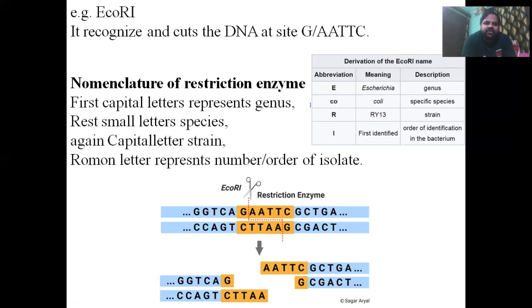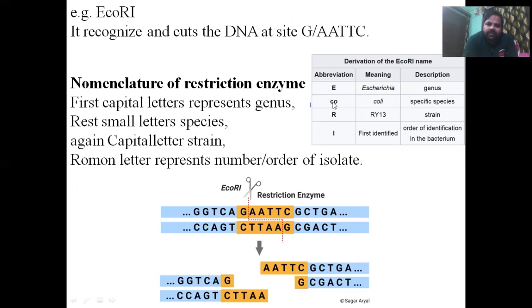Now we will see the criteria of nomenclature of this restriction enzyme. The first capital letter represents the genus of the species from where we are isolating this. The small letters represent the species of that organism. Again, the capital letter represents the strain of that bacteria, and after that a Roman numeral comes, which represents the order of isolates.